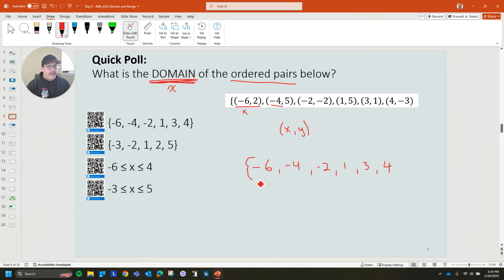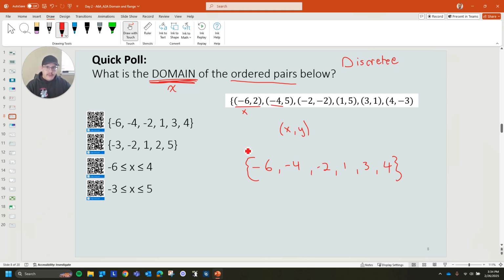One thing I did forget to ask y'all is, is this a discrete or continuous function? It is not continuous. It is discrete because these are just individual pairs where we don't know there's a connection. They're all just listed individually. So this is what we would call a discrete function.